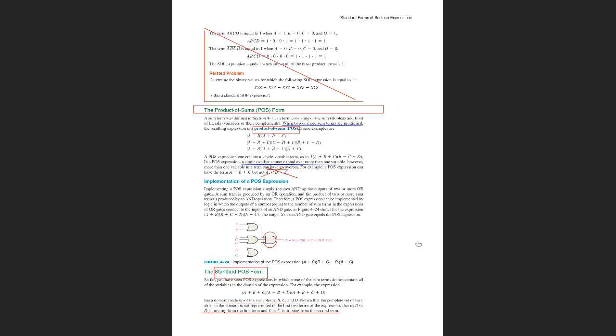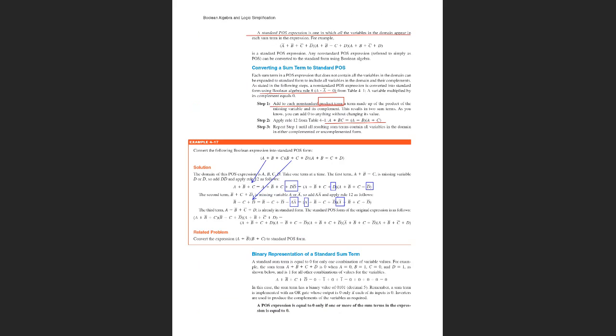The last sum is in the standard form, but the whole expression is not because we are missing variables in certain sums. So the standard POS expression is one in which all the variables of the domain appear in each sum.